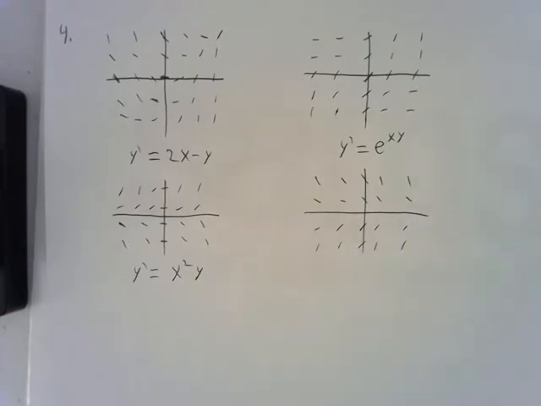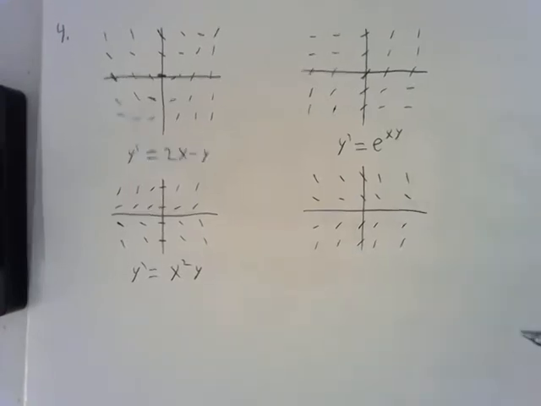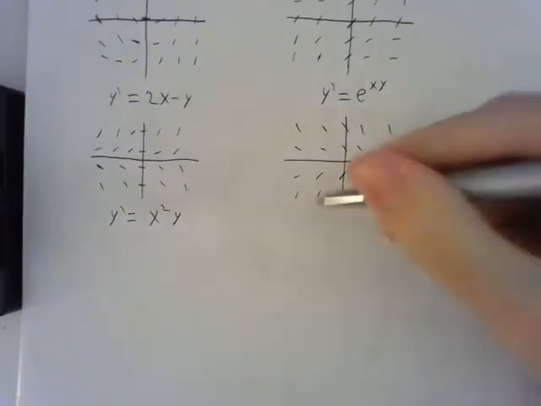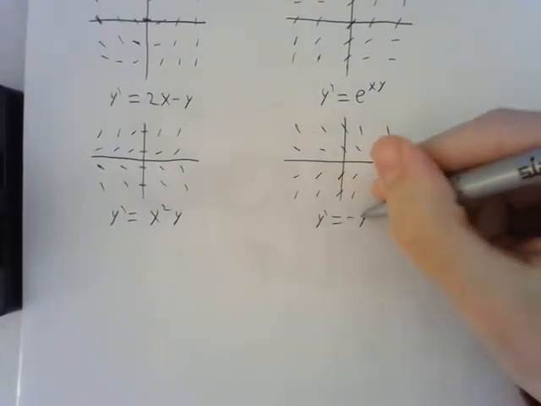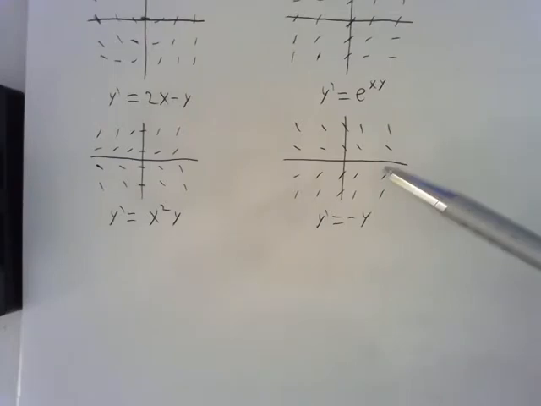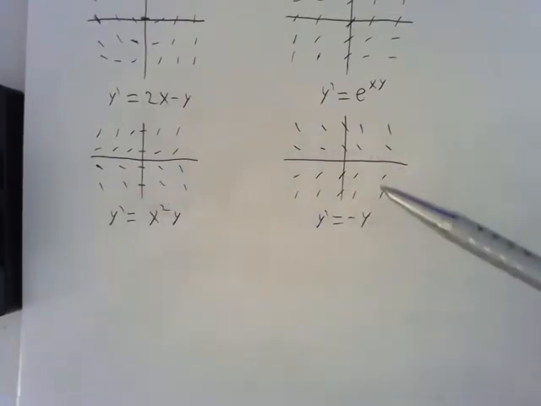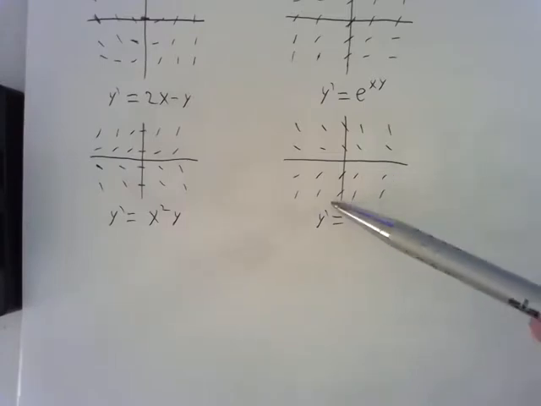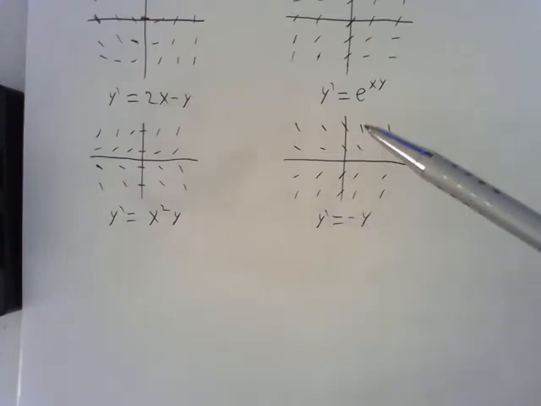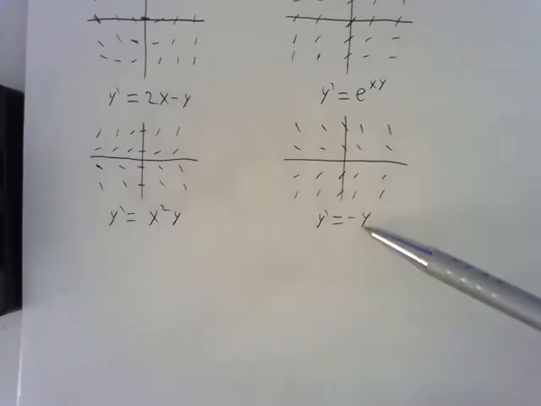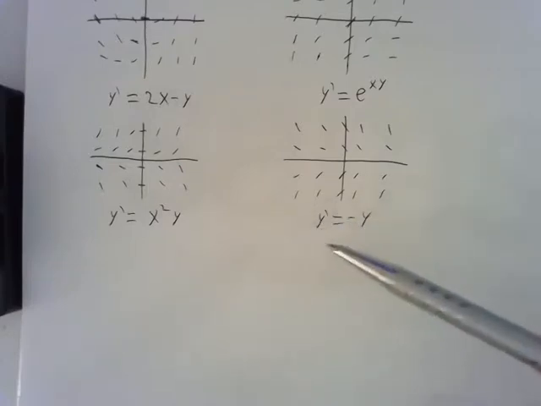So that leaves this one, which has to be y prime equals negative y, and we can do similar reasoning here as we did for part C, which is that if y is negative, the slope is positive. If y is positive, the slope is negative, and we can see that's consistent with this differential equation.